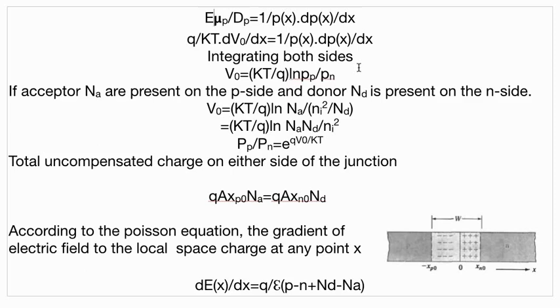According to the Poisson equation, the gradient of electric field to the local space charge at any point, dE over dx, is q by epsilon into p minus n plus Nd minus Na.